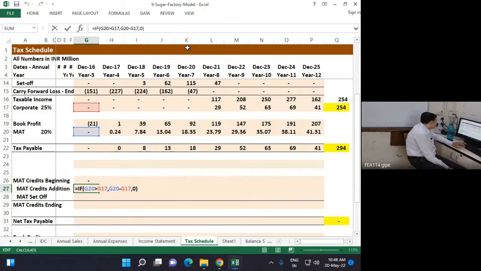Any excess MAT to be paid over corporate tax will be considered as an advance.